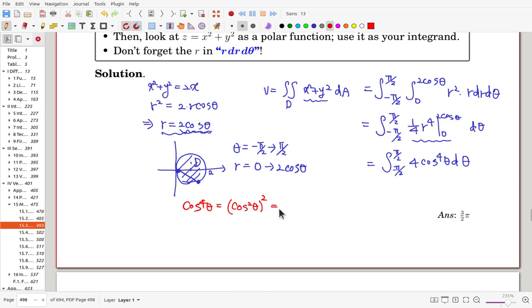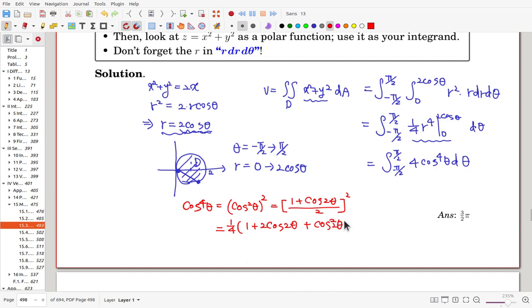By using the formula, we may write that as 1 plus cosine 2 theta over 2, squared. So we have 1/4 times 1 plus 2 cosine 2 theta plus cosine squared 2 theta.